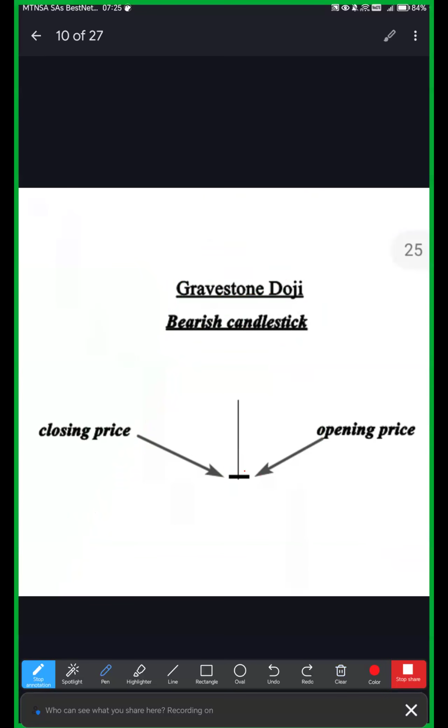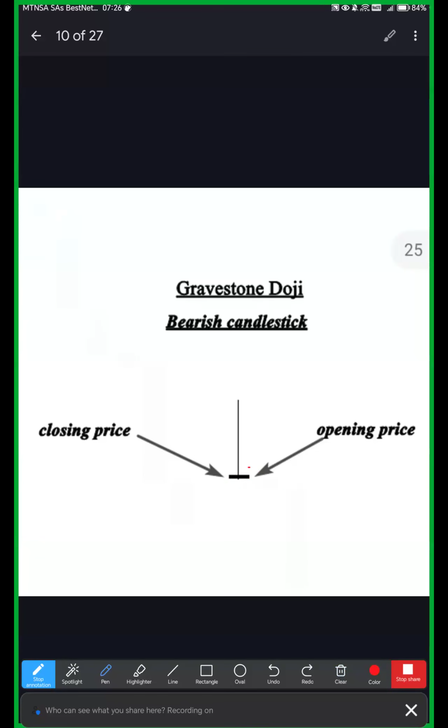The price opened here and it closed somewhere there. So you see that where the price opened and where the price closed is the same. And where the price closed happened to be the low of the market. Because you may see that there is no shadow at all, which is a lower shadow, that would help you locate the lowest price.